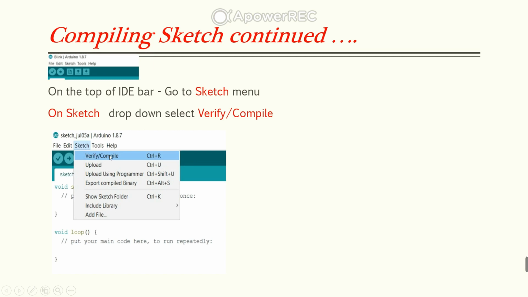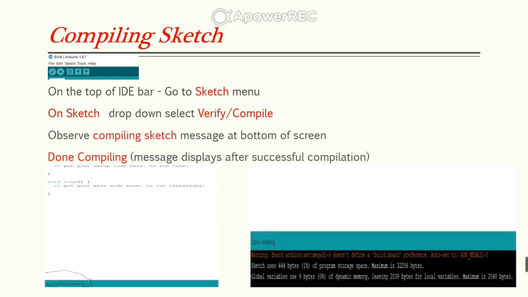It will start compiling the program, and you can see the message down here. Here it is showing compiling sketch, which means it is compiling the program. Once the program is compiled, you will see the message done compiling. Once you see the message done compiling, it means your program is complete and compiled.